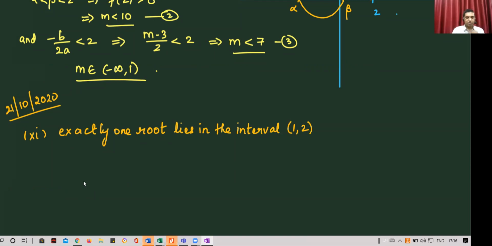Exactly one root lies in the interval 1, 2. So there are two roots and they are real and distinct, but exactly one root lies in this interval. Again, this is the equation. This is the discriminant.